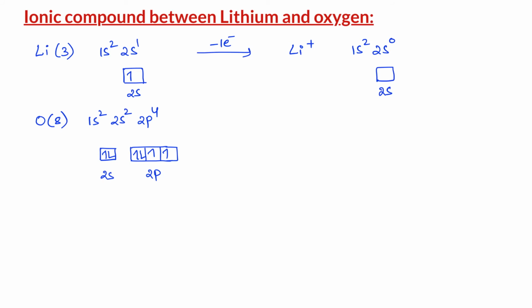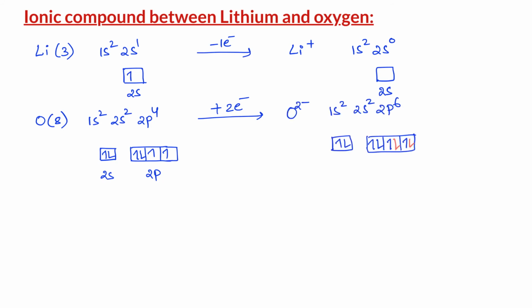Therefore, it accepts 2 electrons to form O2 minus. Lithium can only lose 1 electron, but oxygen gains 2 electrons. Therefore, 2 lithium atoms should ionize to satisfy the hunger for electrons of the oxygen atom.